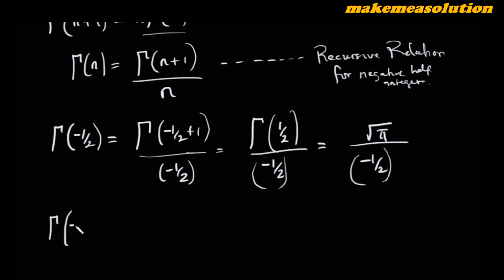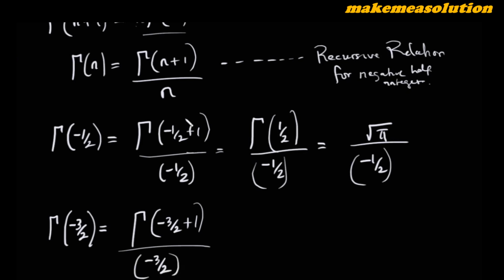So let's go to gamma of minus 3 over 2. Gamma of minus 3 over 2 will be gamma of minus 3 over 2 plus 1 divided by minus 3 over 2, according to this recurrence relation. Minus 3 over 2 plus 1 gives gamma of minus 1 over 2 divided by minus 3 over 2.